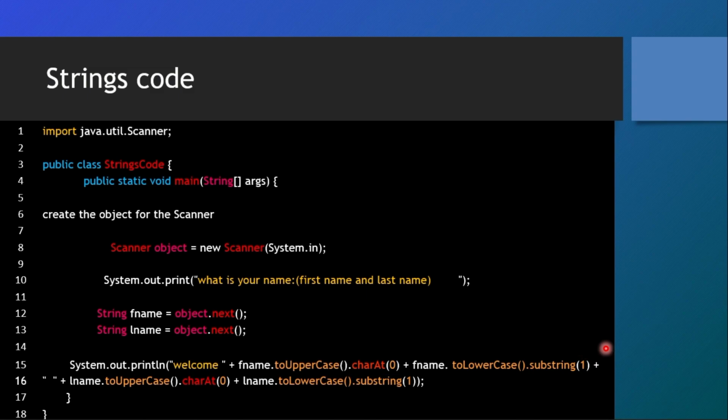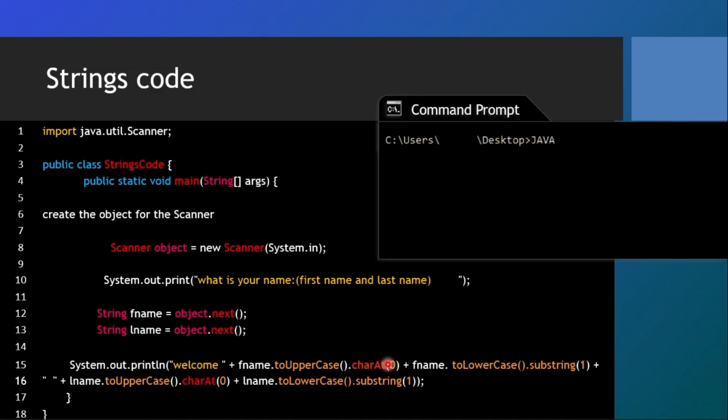And then we concatenate this, and we say fName.toLowerCase.substring, starting at index 1. So from index 1 going all the way, meaning the second character in your string, you tell the Java compiler to turn everything from the second character up to the last character of fName to lowercase. And the same can be said for last name: you uppercase the first character and lowercase the remaining characters.